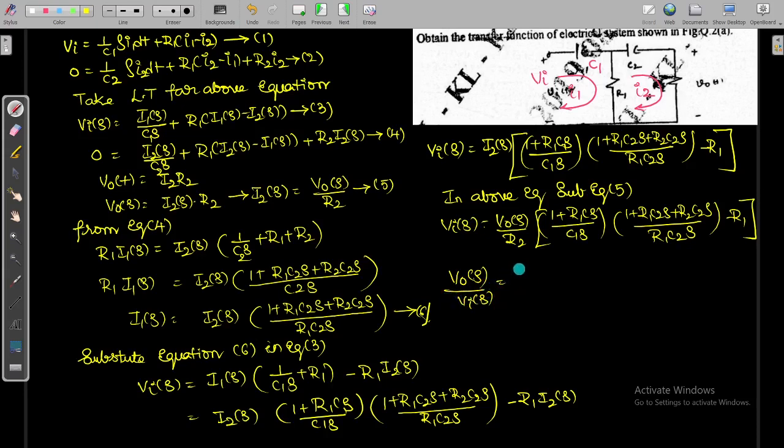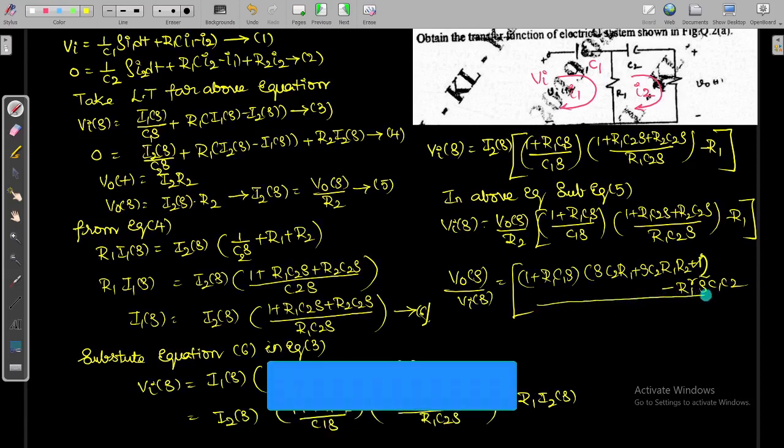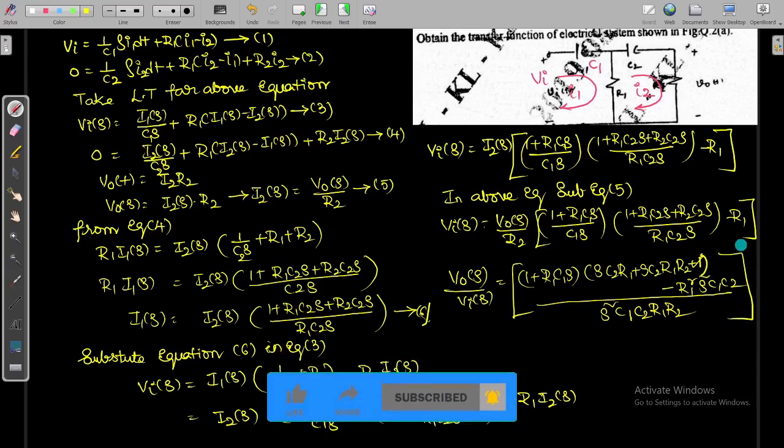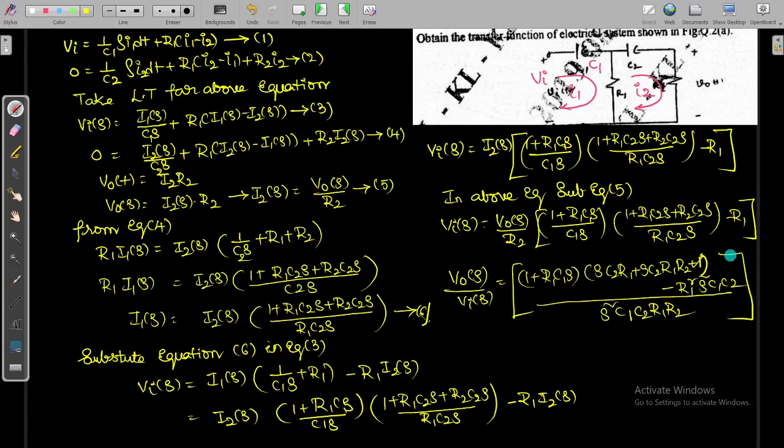Vi of s can be written as 1 plus R1 C1s, plus s C2 R1, plus s C2 R1 R2, plus 1, minus R1 square s square C1 C2, divided by s square C1 C2 R1 R2. I have taken the LCM. So this is the ratio, the transfer function of the given electrical network.